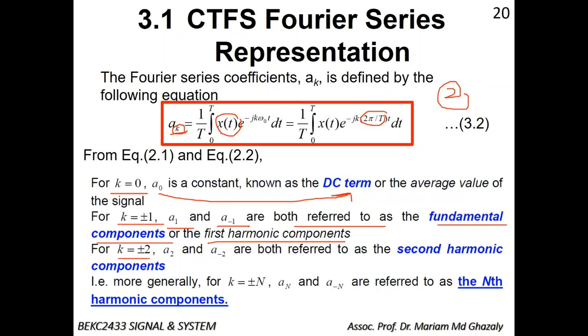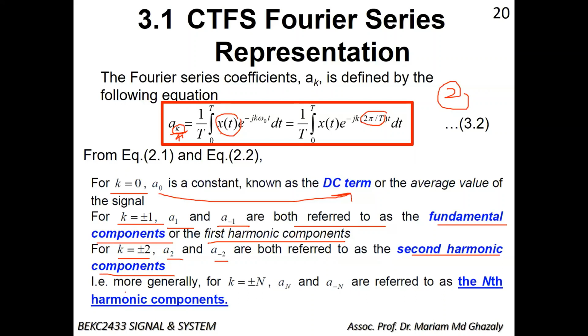Next, for k at plus or minus 2, you substitute k here and you have a2 and a minus 2, which are referred to as the second harmonics.